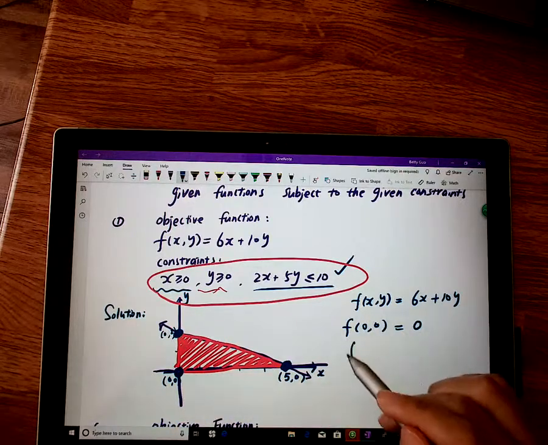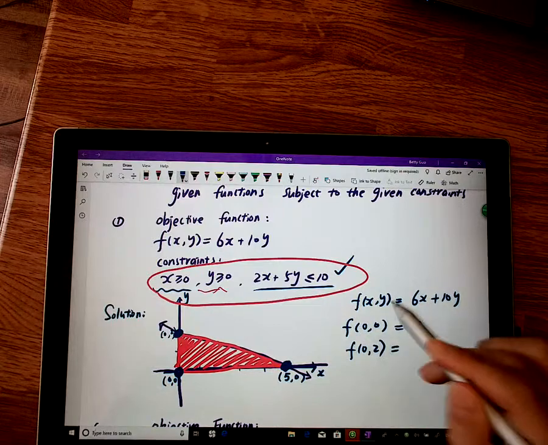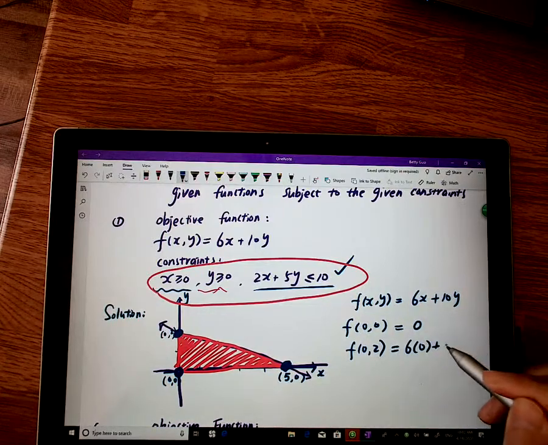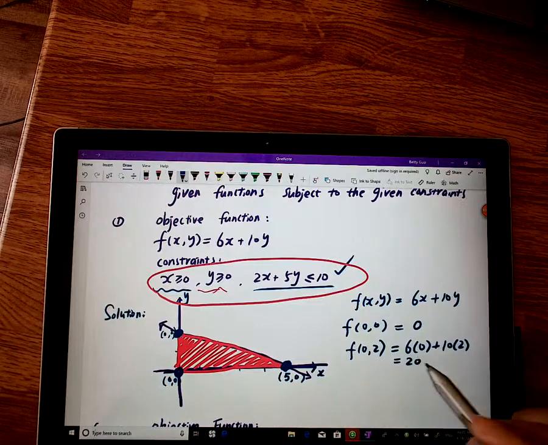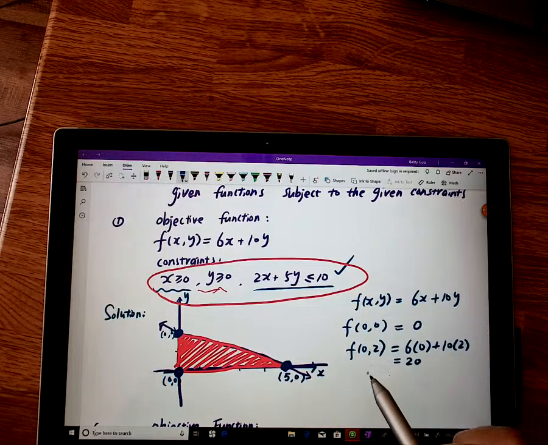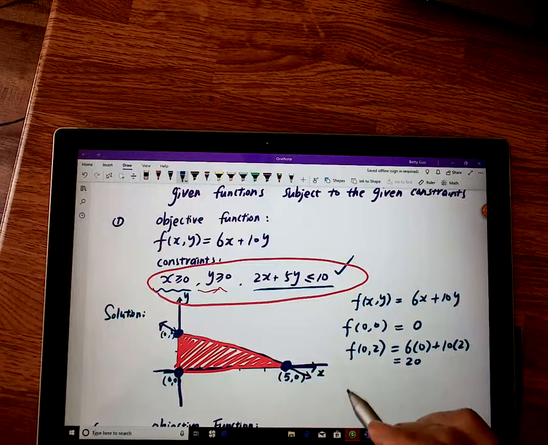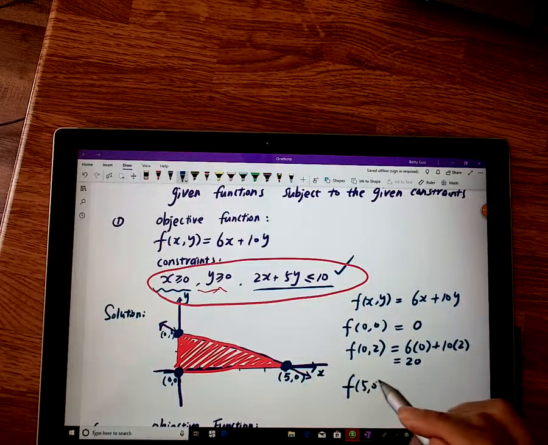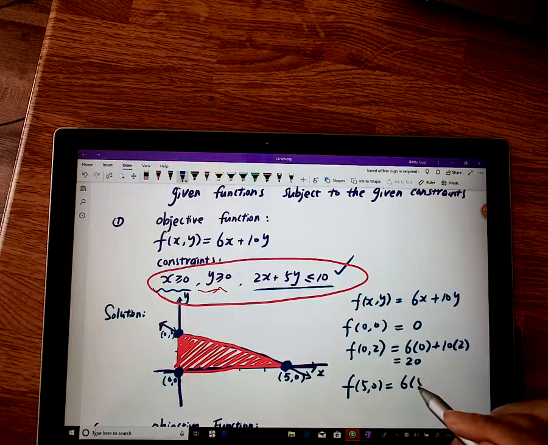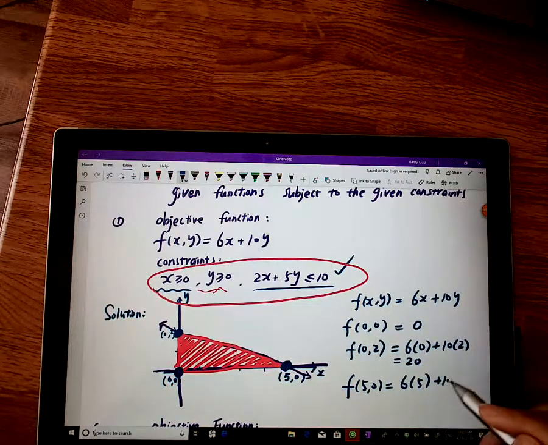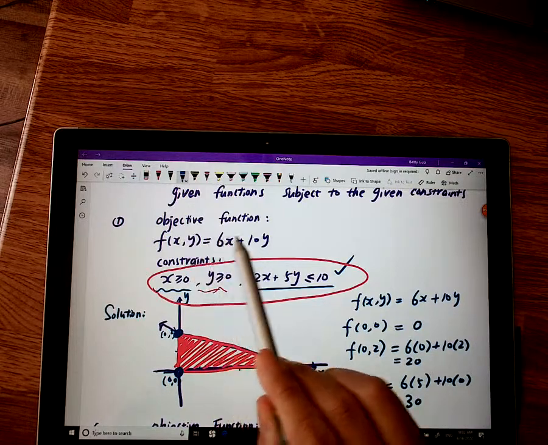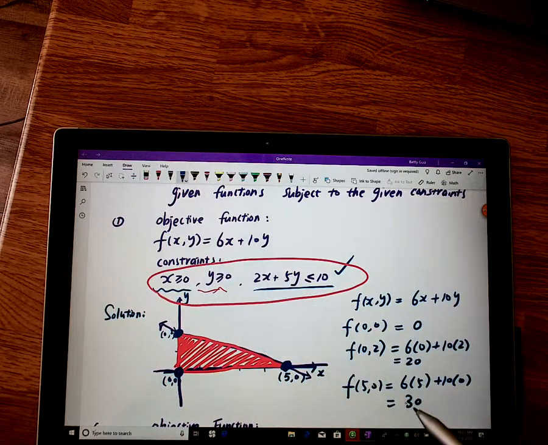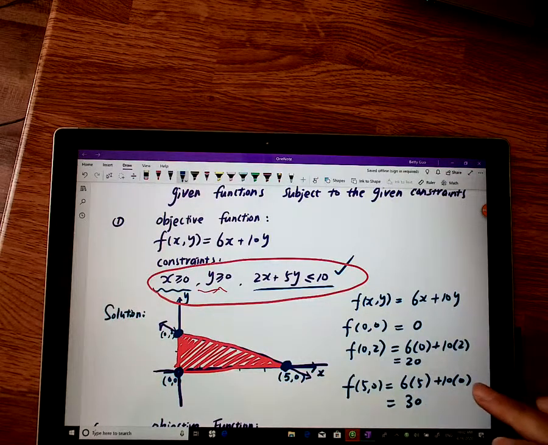Let's try (0, 2) this time. x equals 0, y equals 2. What do you have? You have 20. So the value of the objective function at this vertex is 20. The last one, (5, 0). x is 5, y is 0. 6 times 5 is 30. So the value of the objective function at this vertex is 30. We went through all 3 vertices.